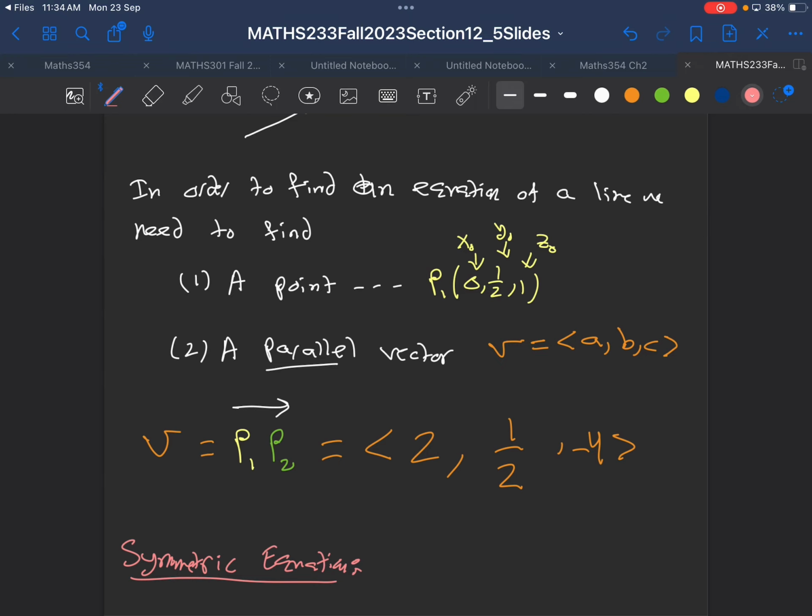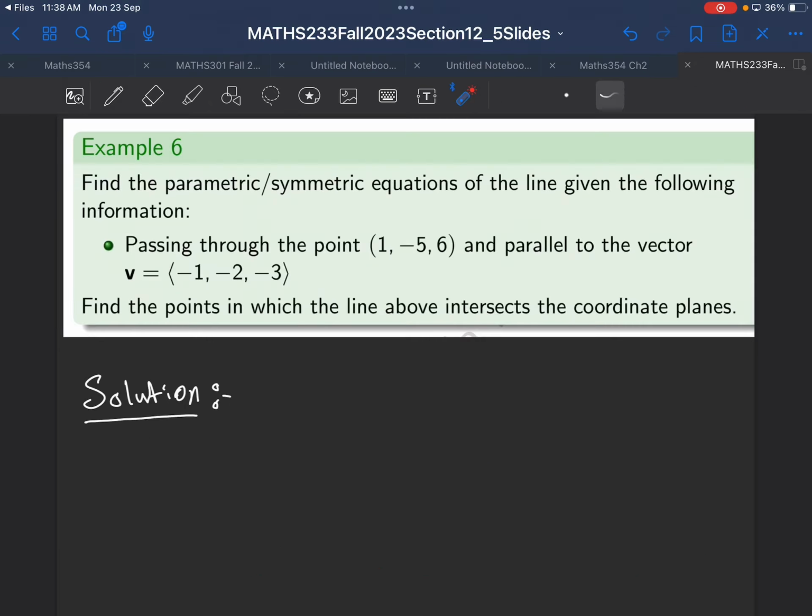It should be x minus x naught over A. So it will be x minus 0 over 2 equal negative half over half equal 1 over negative 4. And that's the symmetric. Of course, if you know the symmetric, you can quickly write the parametric. The number that will go with t is A, B, C, and the number without the t will be the point's numbers.